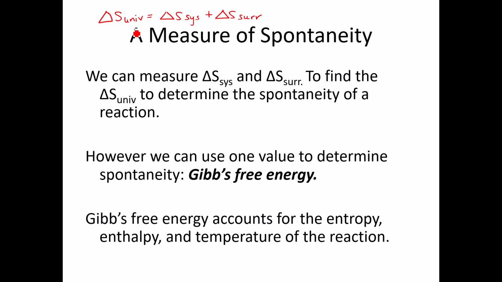And if we can determine the entropy change of the universe, we can determine whether a reaction is spontaneous or not. So if we have delta S of the universe greater than 0, then we have a spontaneous reaction. So this requires us to find the entropy change of the system as well as the surroundings.